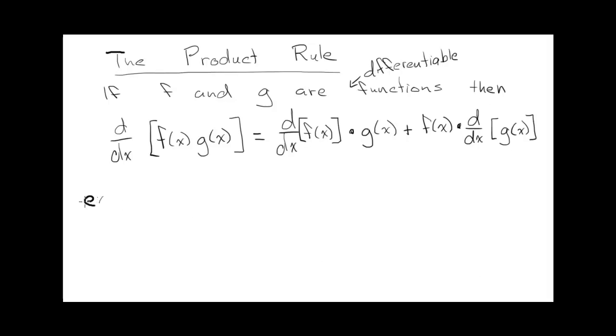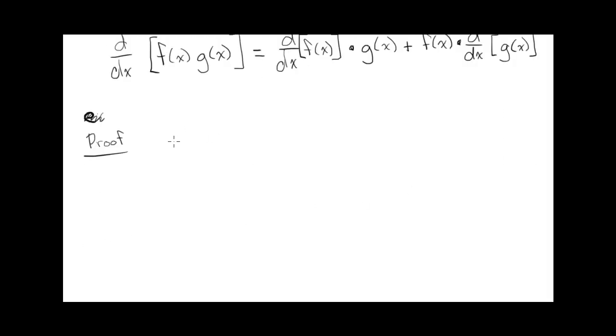Now, let's do a very quick proof, just an outline of the proof. So we have the function f at x times g at x, and we want to get the derivative of this.